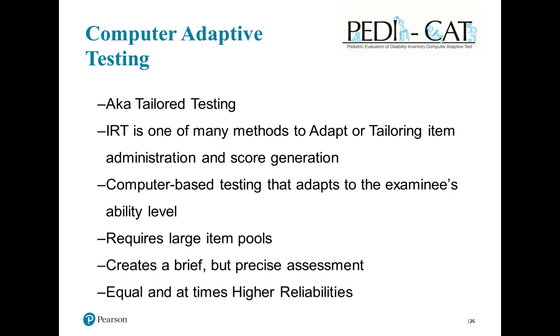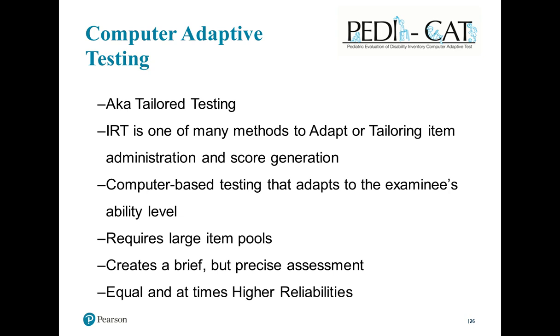And it does require large item pools. There's this item bank within the assessment, but you're never going to get more than 120 items out of the 300. It requires that item pool to be able to tailor the items to the individual's ability level.